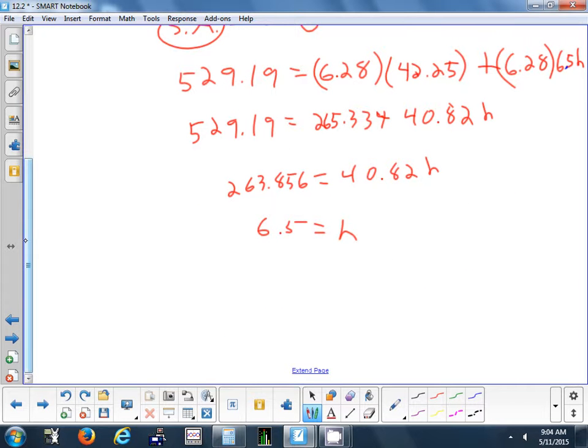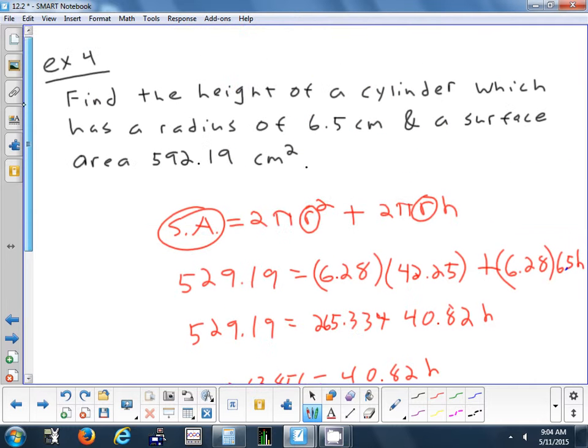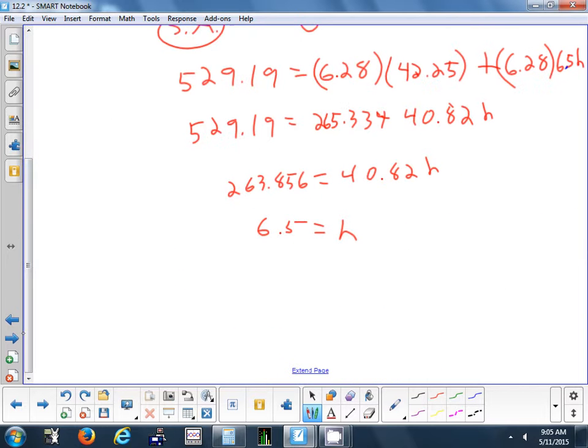Let's go back and make sure we put the right label on it. See the labels I was using, centimeters, square centimeters. What should be the label on 6.5? Why not centimeters squared? Centimeters is correct. It's not the radius or the diameter.